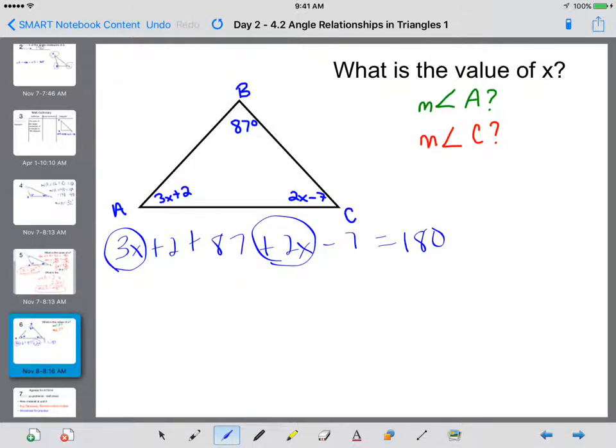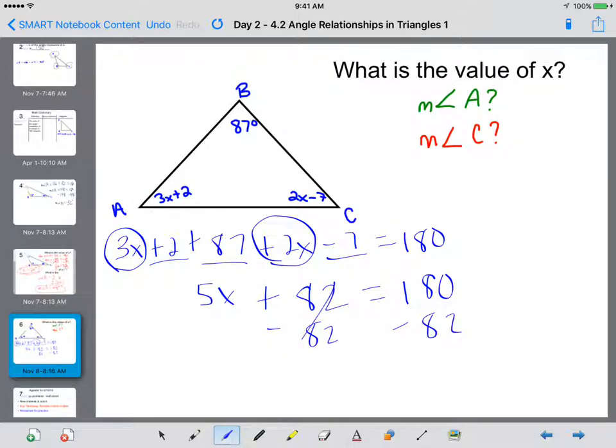So 3x plus 2x is 5x. And then I'm going to say 2 plus 87 is 89, then minus 7 is going to give me plus 82. So we're going to subtract 82 on both sides.